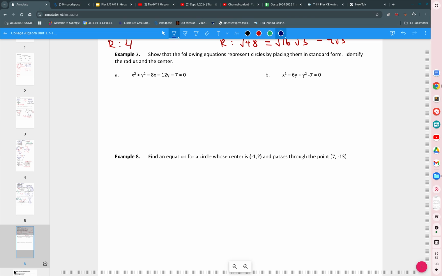And in order to put it in the form, we must have a completed square. Did you, in this class, learn at some time how to complete a square? We're going to use that right now. I'm going to gather my x's. I'm going to gather my y's.